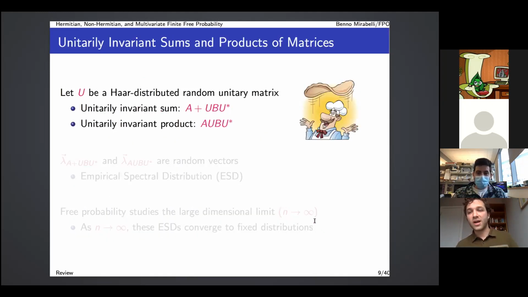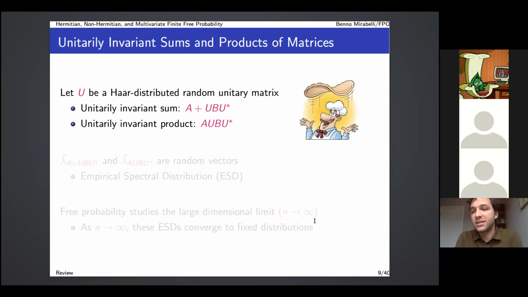So to get over this, I define a unitarily invariant sum and a unitarily invariant product. The way I do this is that given my matrices A and B, instead of just adding those matrices A and B together, I uniformly at random pick a matrix in the unitarily similar equivalence class containing matrix A. And I also uniformly at random pick a matrix in the unitarily similar equivalence class containing matrix B. And then I add those random matrices together, or I multiply those random matrices together, as I show here.